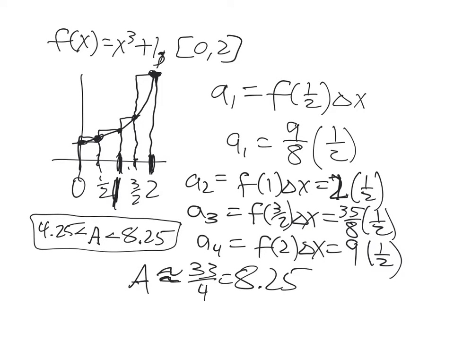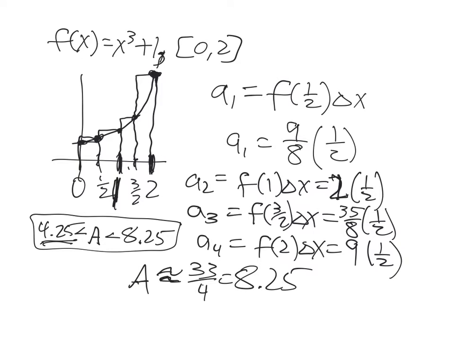Part 2 of each, part A and part B, says use 8 rectangles and use left endpoints, use right endpoints. That's going to give you a closer value.